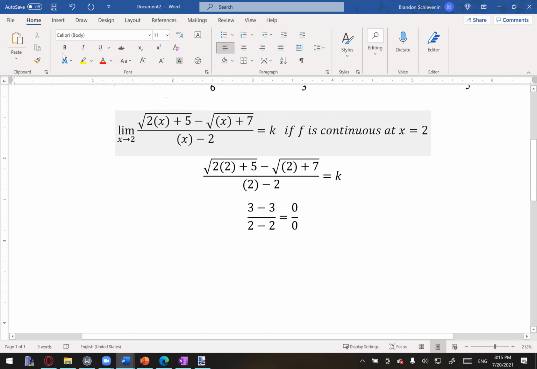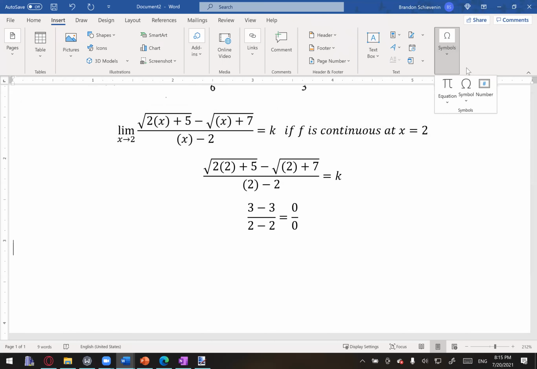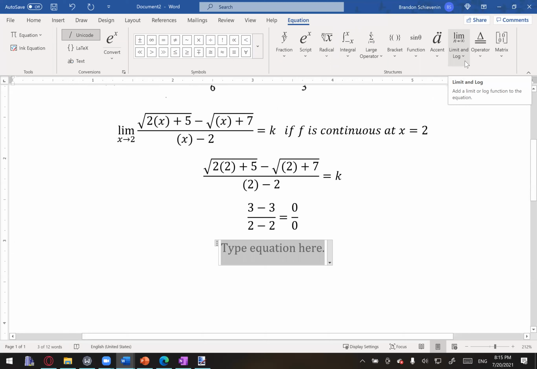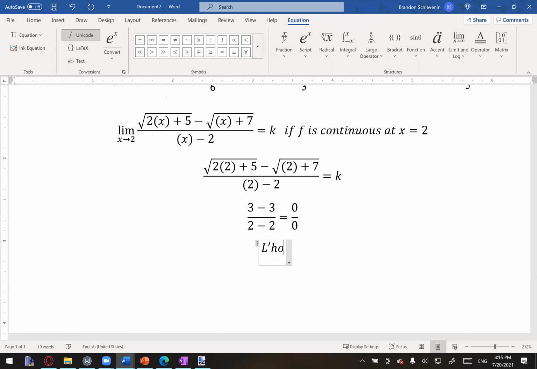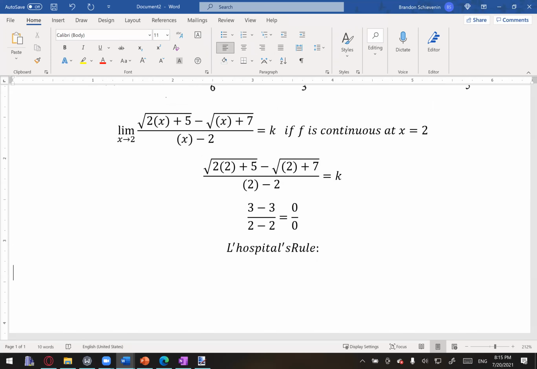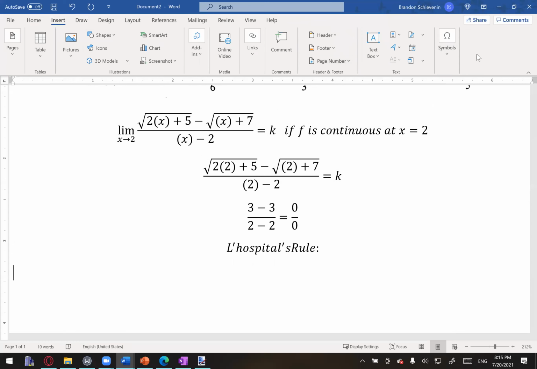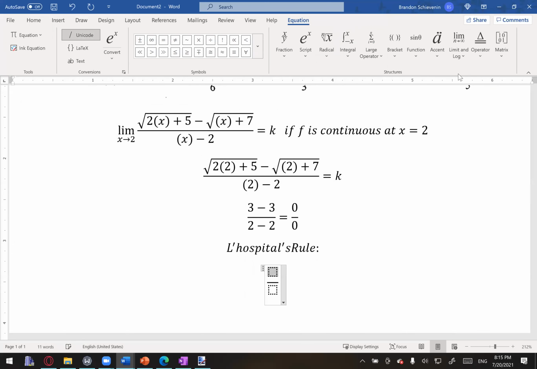If we use L'Hospital's rule, what happens when you derive the top? What happens if you derive the square root of 2x plus 5? Hint: the square root of 2x plus 5 is the same thing as 2x plus 5 raised to the 1/2 power.